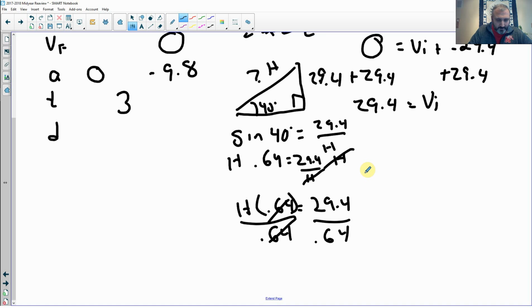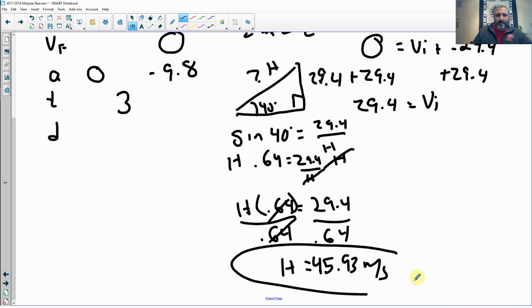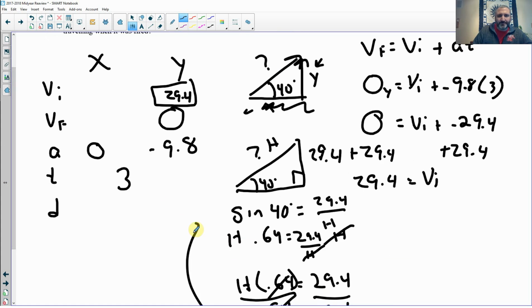That would mean that my hypotenuse is 45.93 meters per second, almost 46 meters per second. And that is how you answer that question.